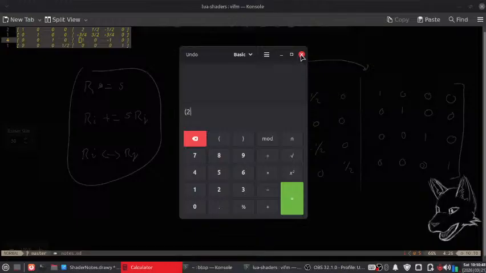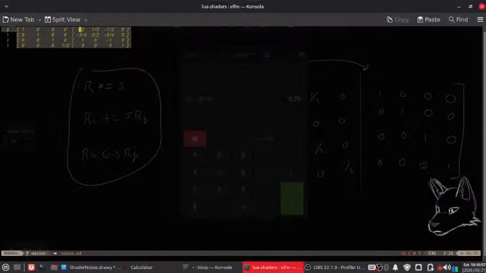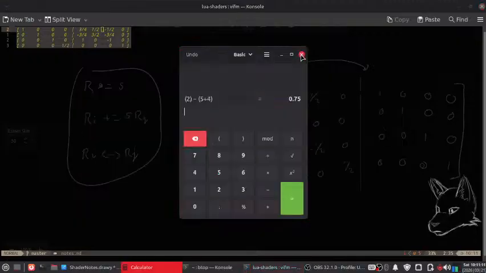What is that? 2 minus 5 on 4 is equal to 3/4. Okay. So 3 divided by 4. 1/2 plus 5/4. 1.75. Okay.